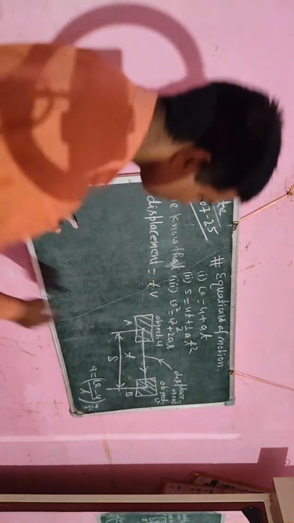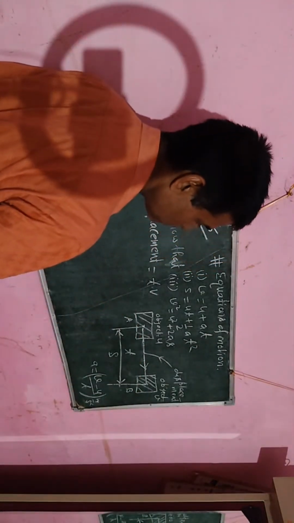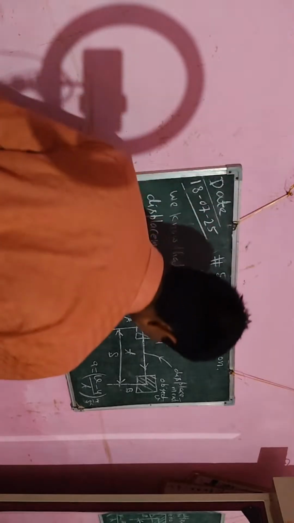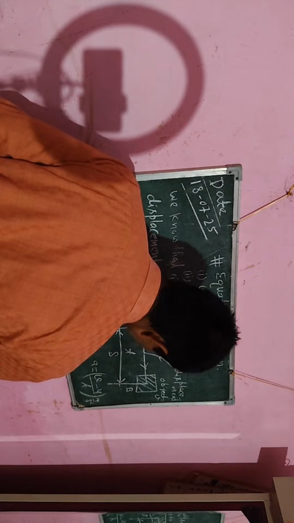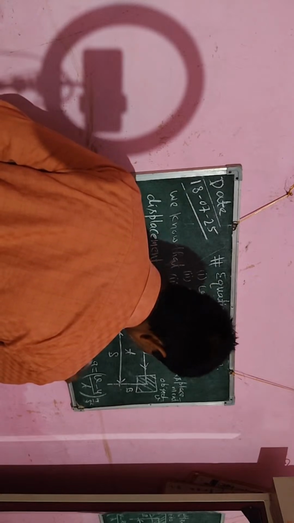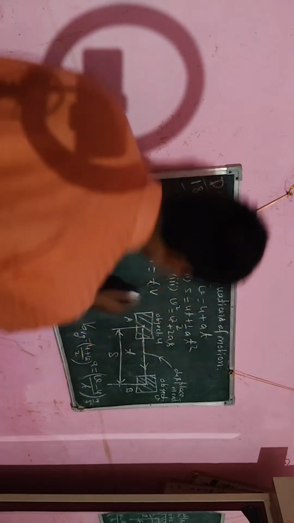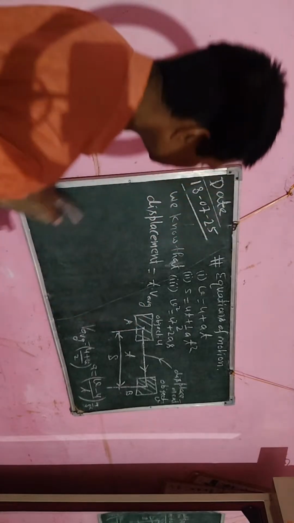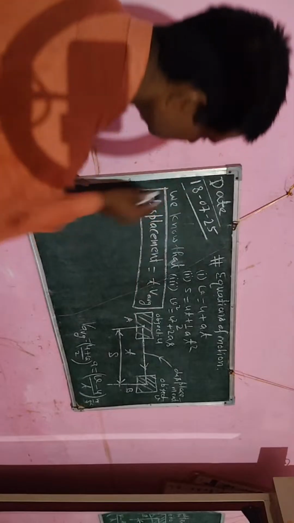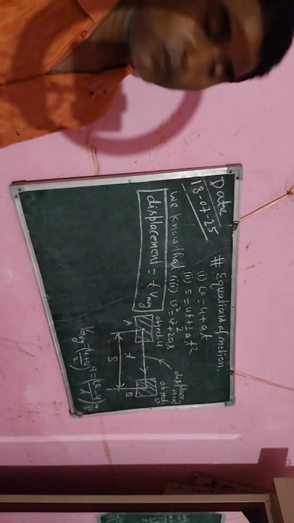Now from point A to B, we have to take the average velocity. The average velocity, v average, is equal to (u plus v) divided by 2. Displacement is equal to time into average velocity.